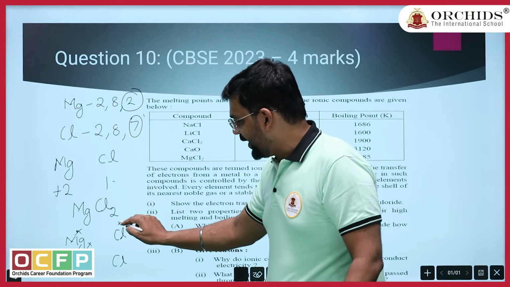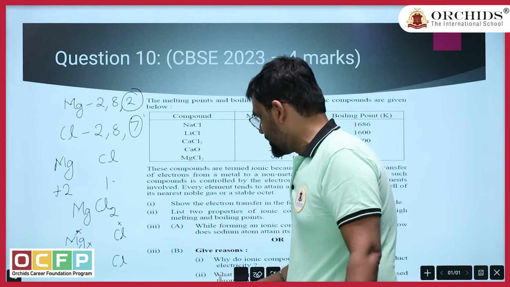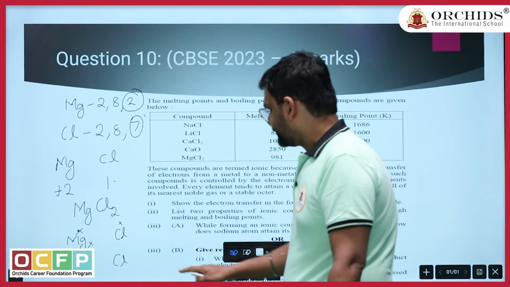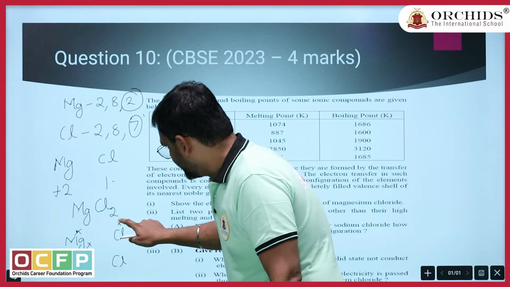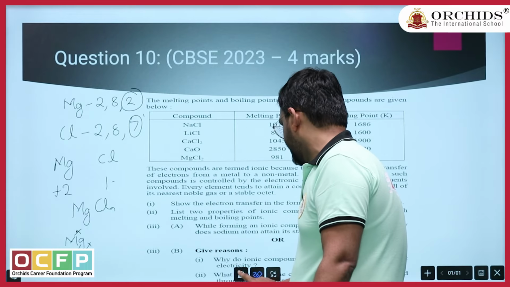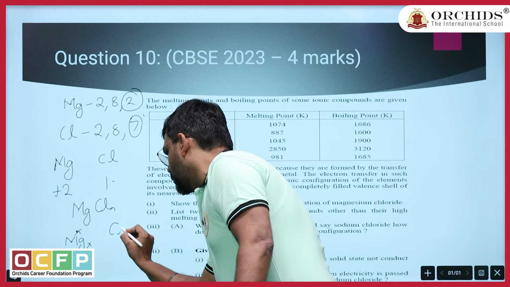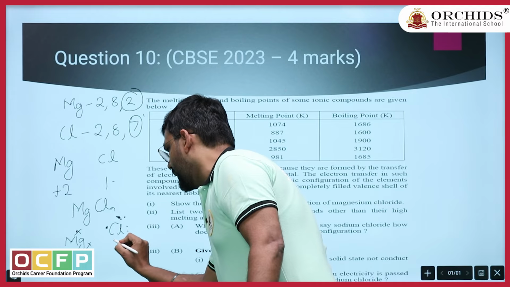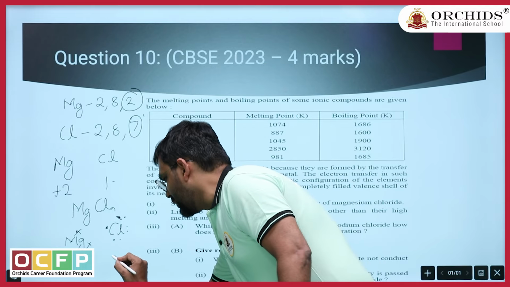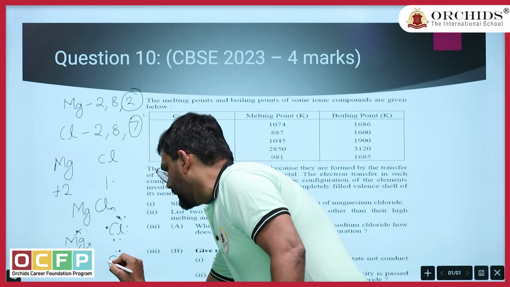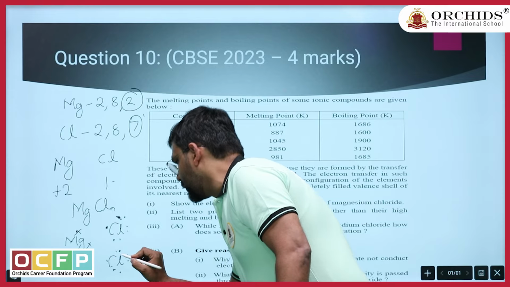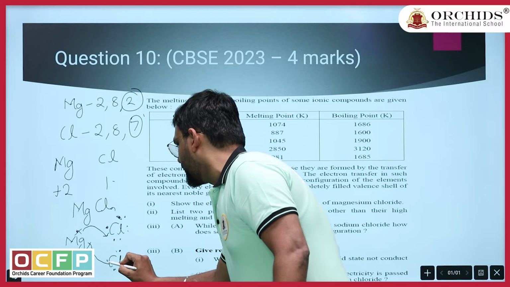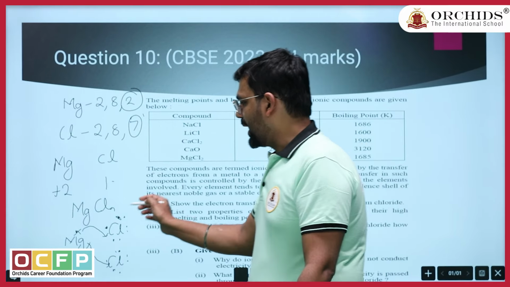I should use a different notation for the second element's electrons, because I already have used crosses for magnesium. I can go with dots for chlorine. So chlorine has 1 2 3 4 5 6 7 electrons, and the second chlorine also needs 1 electron. So the transfer will happen over here and the second over here. This completes the electron dot structure.